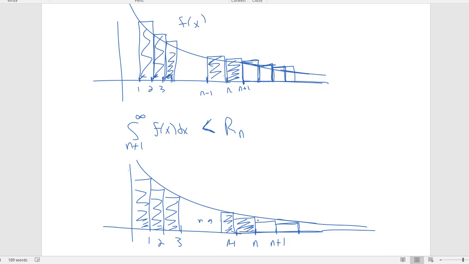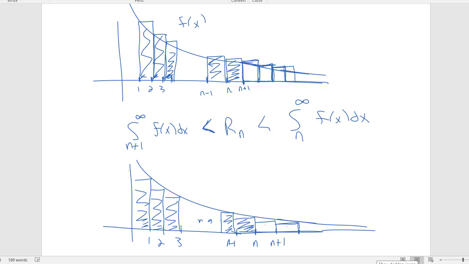What we see in this case is the area under the curve is a little bit bigger than the neglected terms in my series. So there's my upper bound that we used in the prior problem.